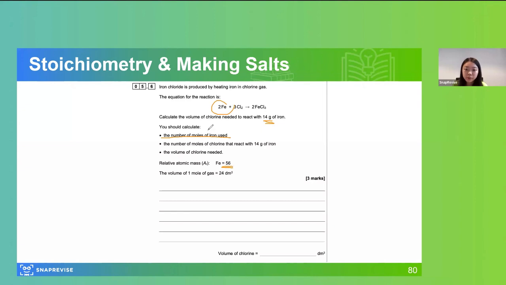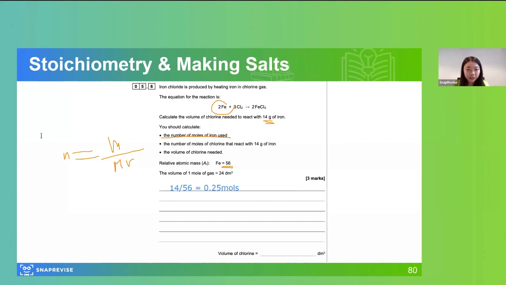So the first thing I'm going to figure out is the number of moles of iron, using the equation moles equals mass over Mr. That's going to give you 14 divided by 56, which gives you the moles of 0.25. That's iron. So that's the first step.